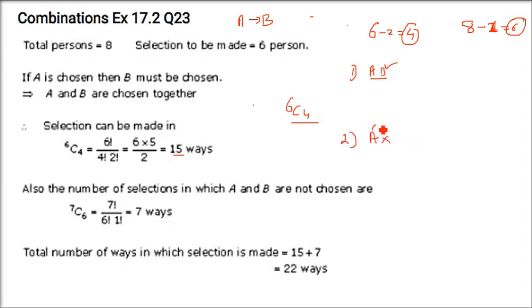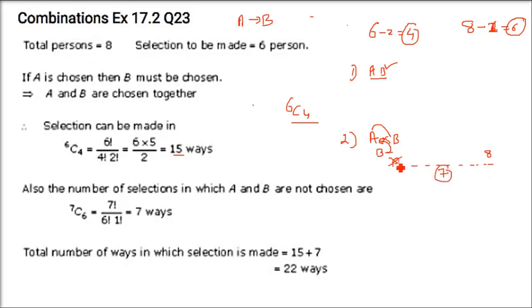Now the second case, A is not selected. If A is selected, B has to come, but it is never said that if B is selected, A should also be selected. It is only A implies B. So now you are not selecting A. Others are remaining. How many are remaining? In 8, A is not selected, so 7 are remaining.